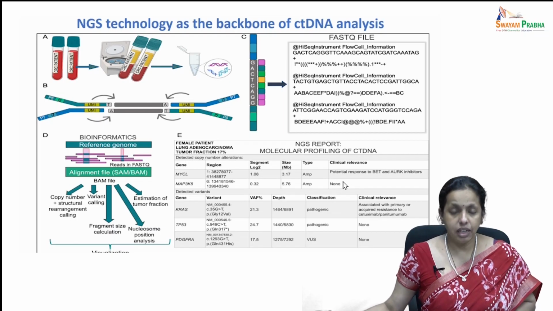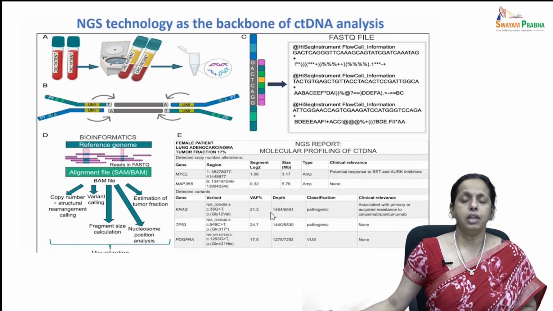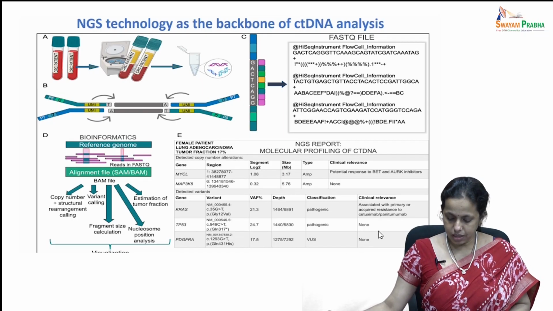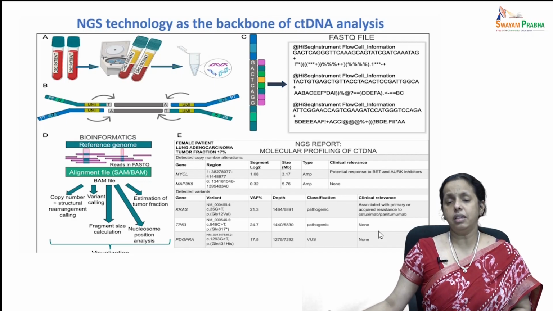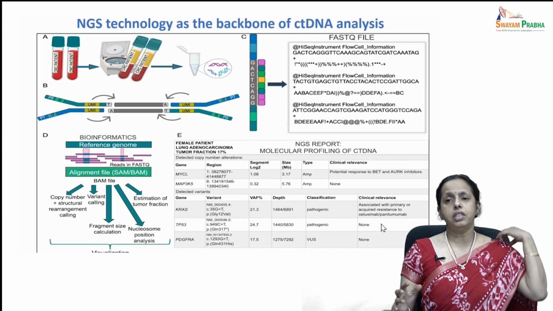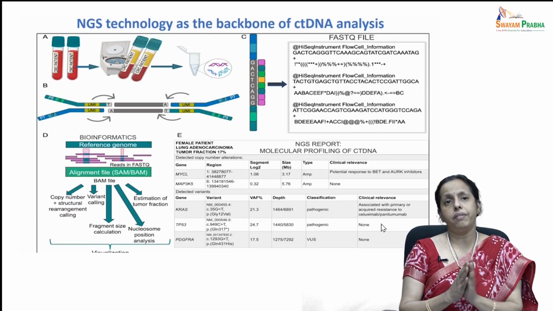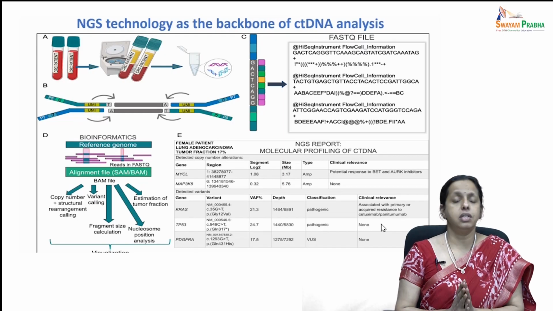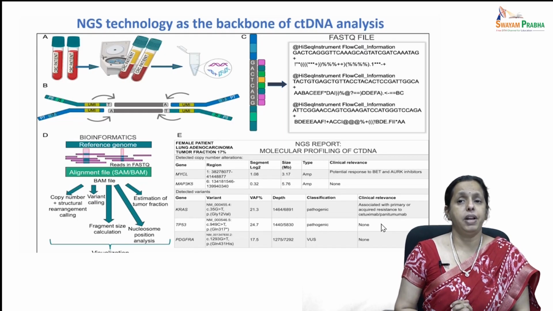And then the clinical relevance. This is how the report is presented, and this report describes the detailed genomic alterations alongside your allele frequencies, VAFs, and pathogenicity, with potential clinical implications.